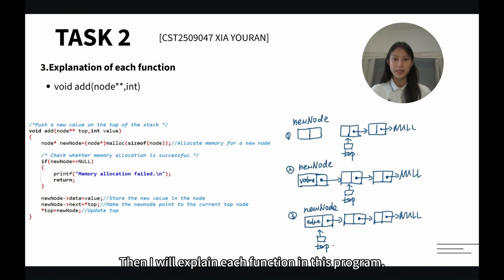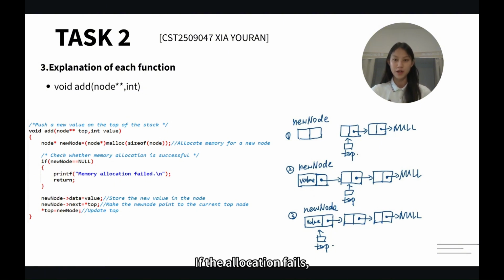Then I will explain each function in this program. The first function is add, which performs the push operation. It receives the address of the top pointer and the value to be added. In this function, the program first uses malloc to allocate memory for a new node.